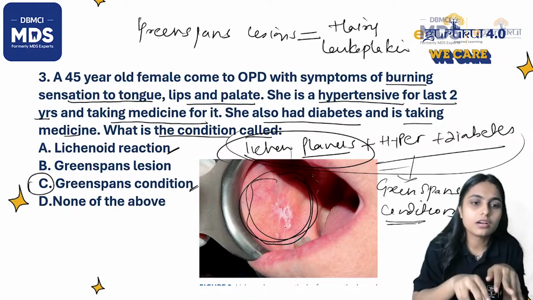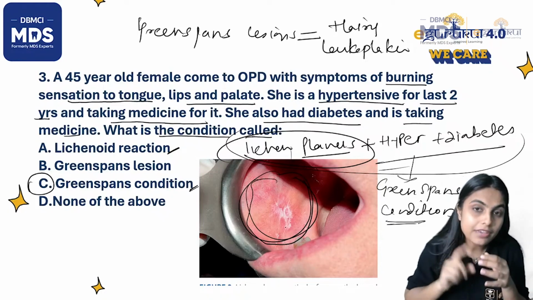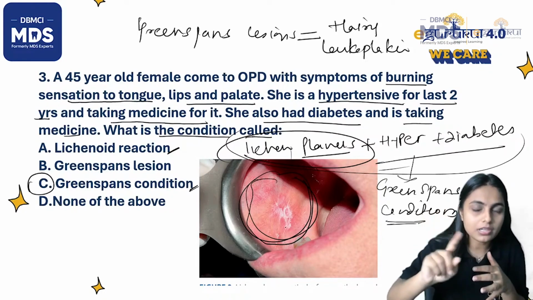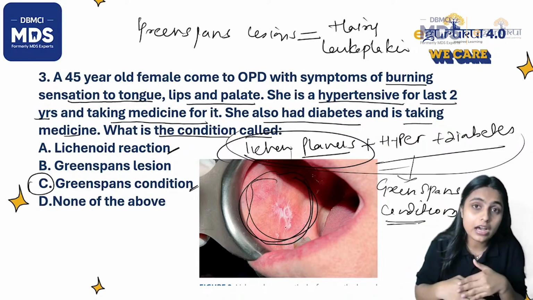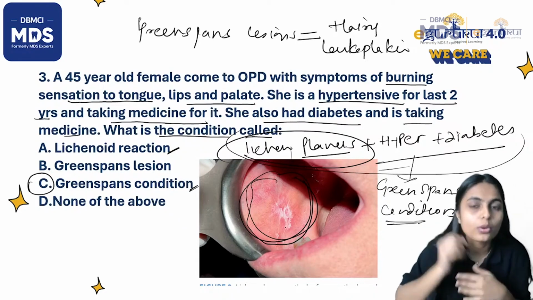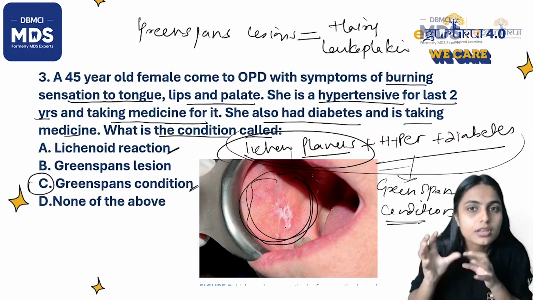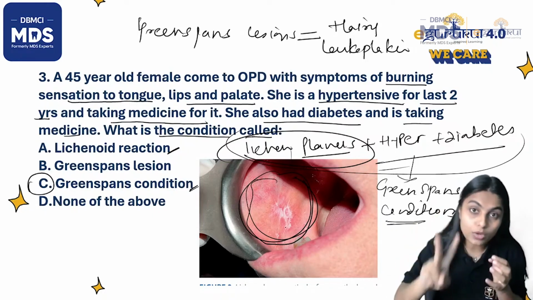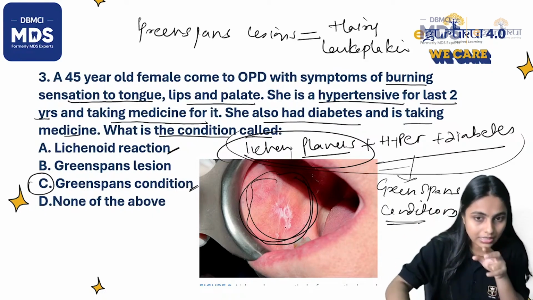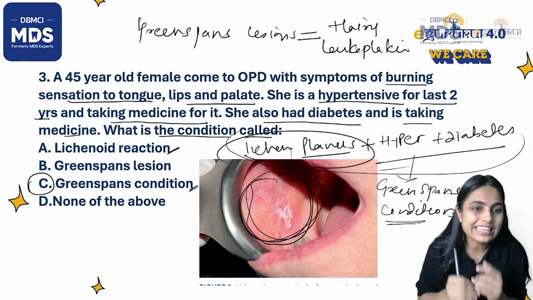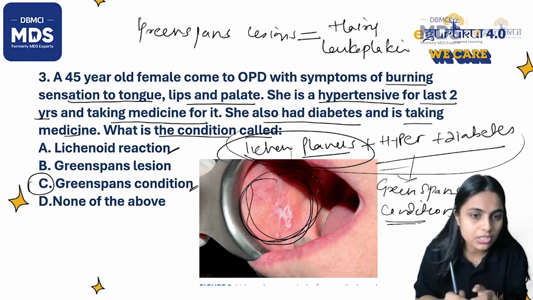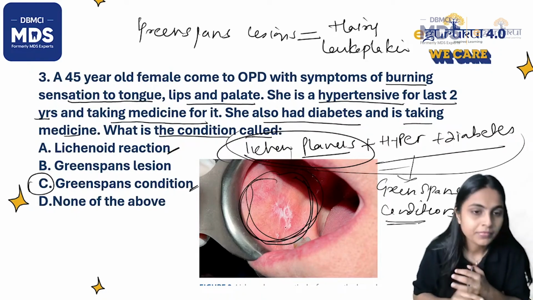So your answer is Greenspan's condition. If they had given only one condition and the drugs taken for it, then our answer would have been a lichenoid reaction to that drug. But since they have mentioned two conditions and the features of lichen planus, our answer is option C, Greenspan's condition. All right.